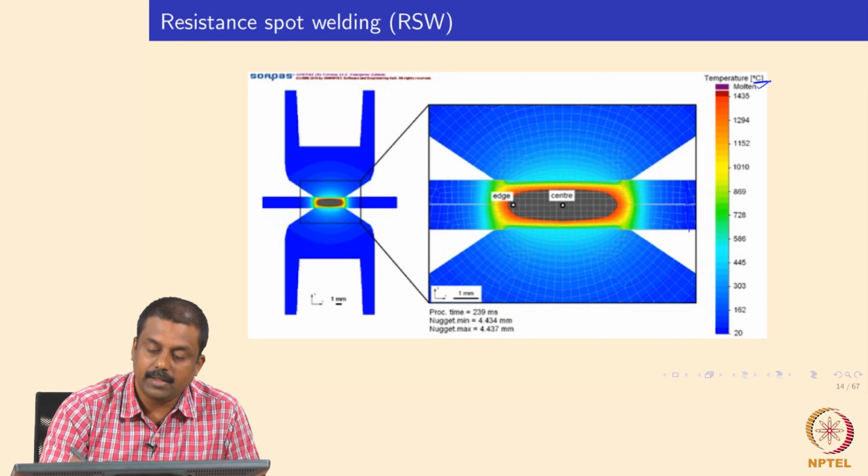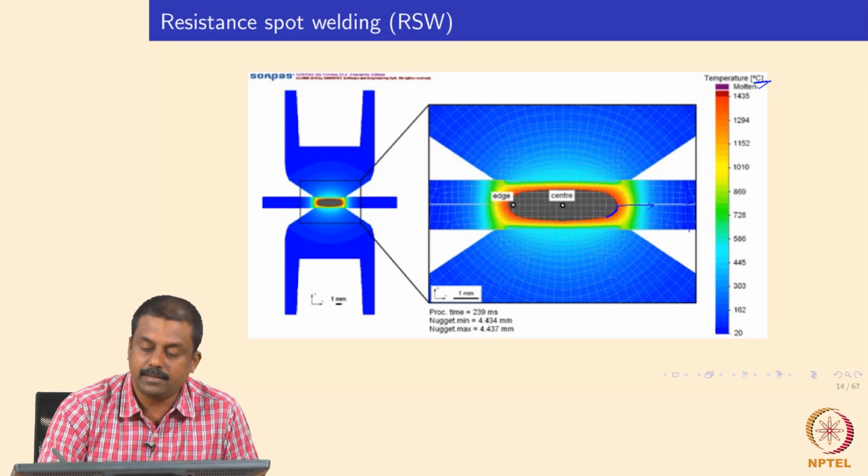So you have a molten region, and if you go away from the boundary between the liquid and the adjoining area, the temperature decreases very drastically because of the effective heat transfer, and that leads to a steep temperature gradient.